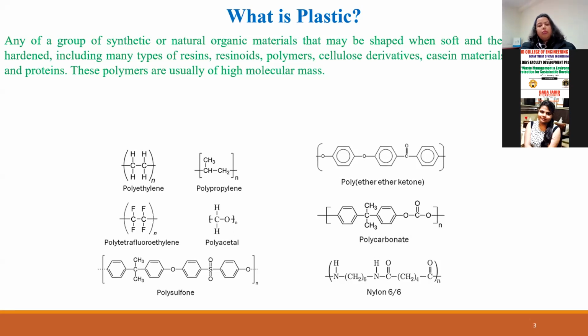The most commonly used plastics basically come from industrial fabrication of the petrochemical industry in India. Apart from that, we have thermosetting plastic and thermoplastics. This is the range of plastics that we are going to consider when we talk about plastic waste.